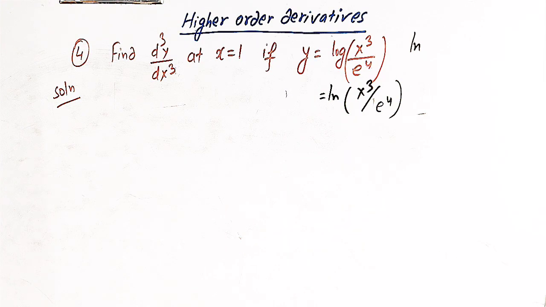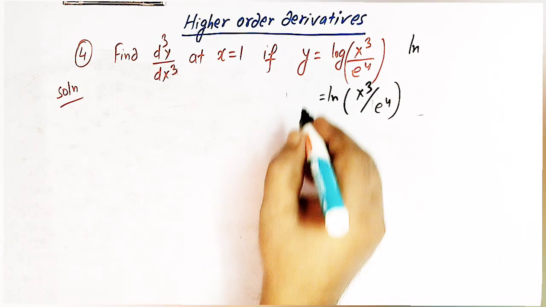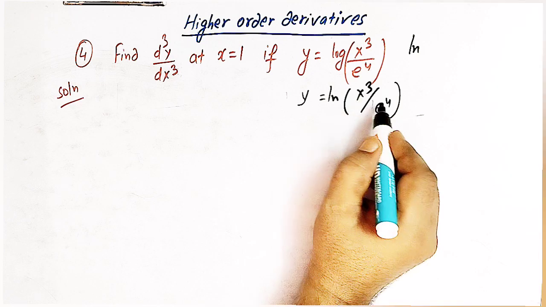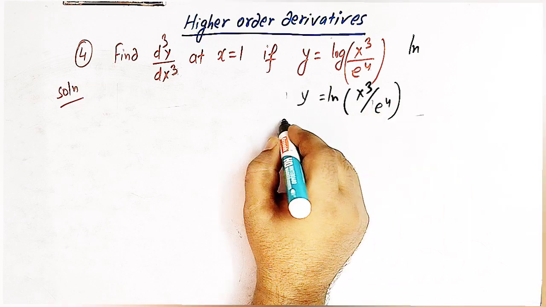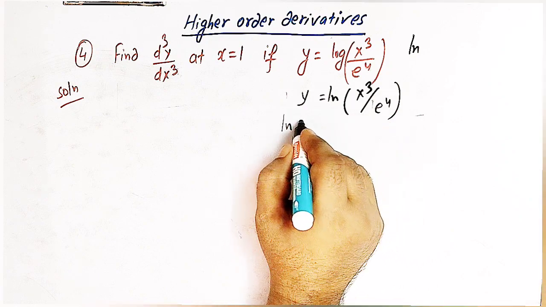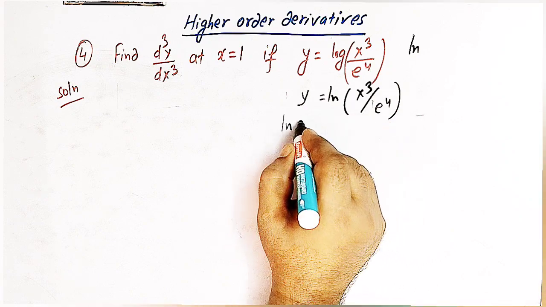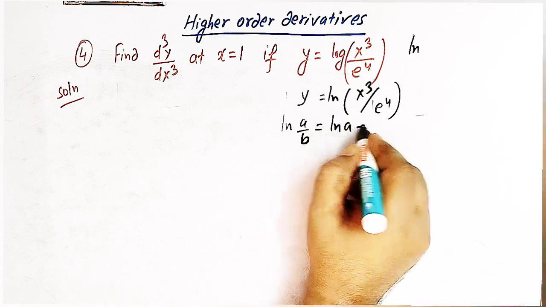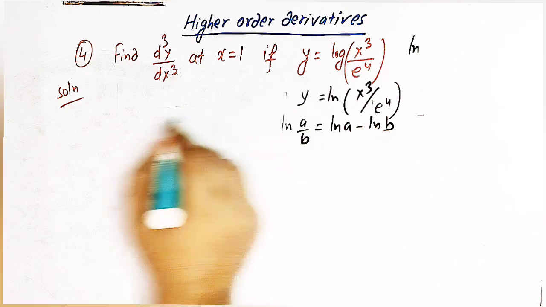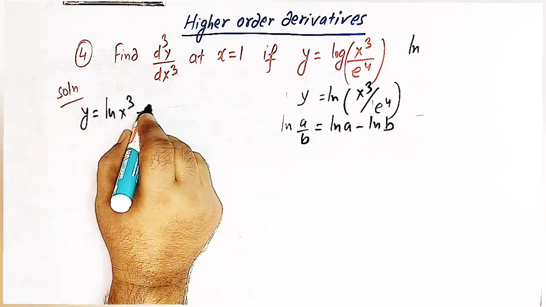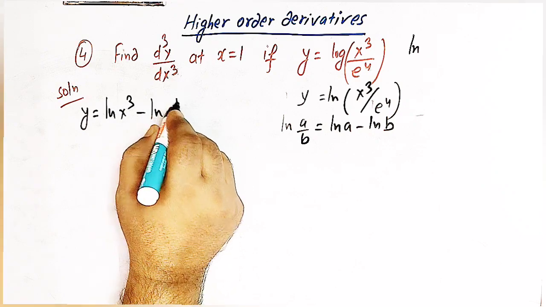So we have y is equal to natural log of x cube over e raised to 4. Here we can make use of this property of log, that log of a over b is log of a minus log of b. So we can write y is equal to log of x cube minus log of e raised to 4.